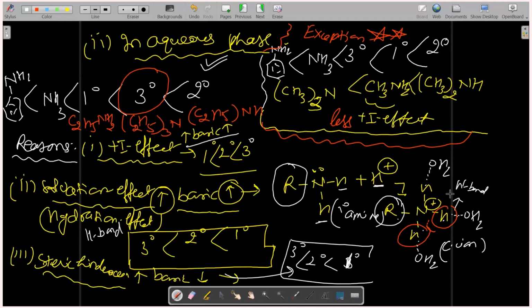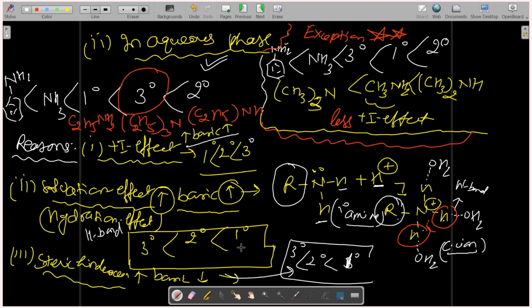Due to more solvation effect, it is highly stable. And already we have discussed, if the conjugate ion is more stable, the amine will be more basic in nature. So according to solvation effect, the primary amine has high solvation effect, and hence primary amine is more basic, then secondary, then tertiary.